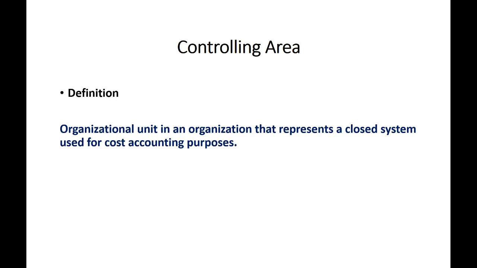It can be said to be an organization unit that is a closed system, not much linked with external reporting, and this area is used for cost accounting purposes. The main aim of this controlling area is to manage and record the cost of the product.